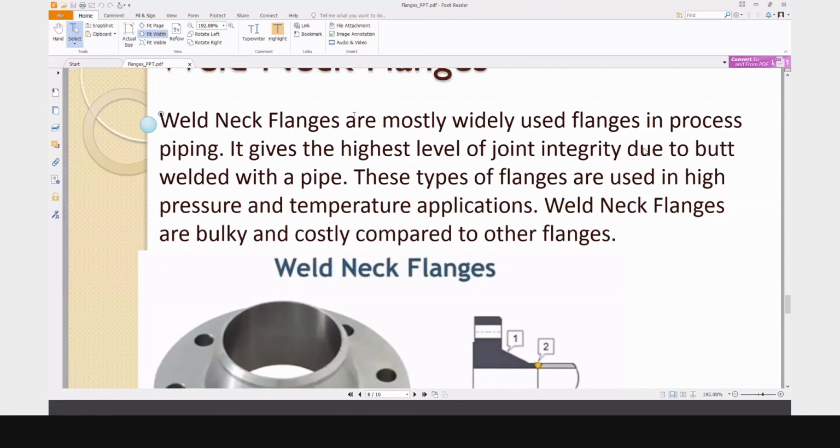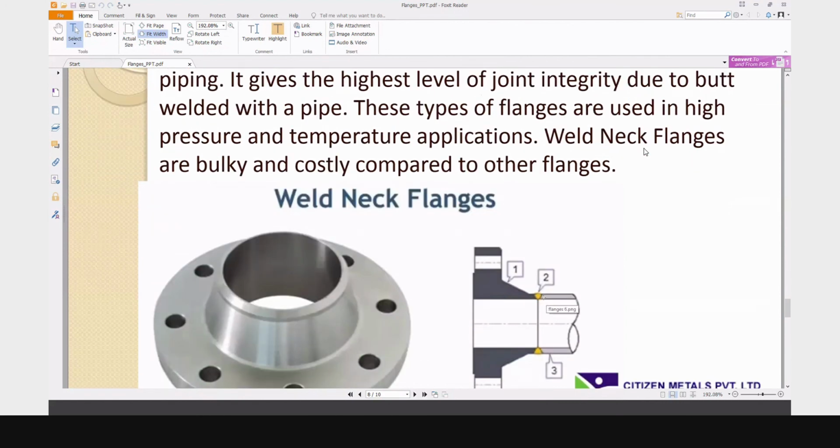Weld neck flanges are the most widely used flanges in process piping. It gives the highest level of joint integrity due to the butt welding with the pipe. This type of flange is used in high pressure and temperature. Weld neck flanges are bulky and costly compared to the other flanges.